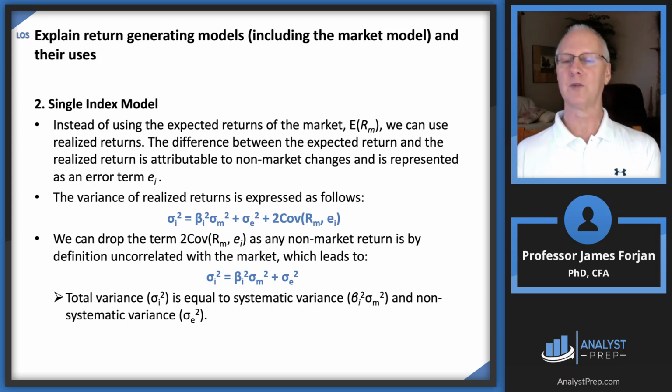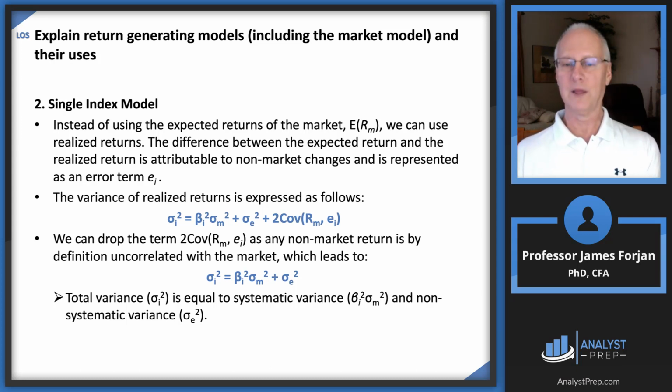Let's look at that first expression. We're going to take the beta squared times the variance of the market. We're going to add the variance of the error term, and then we've got to put 2 times the covariance on the right-hand side. But the covariance between the market portfolio and that error term is going to be 0, so that term falls out. So all we're left with is the second formula.